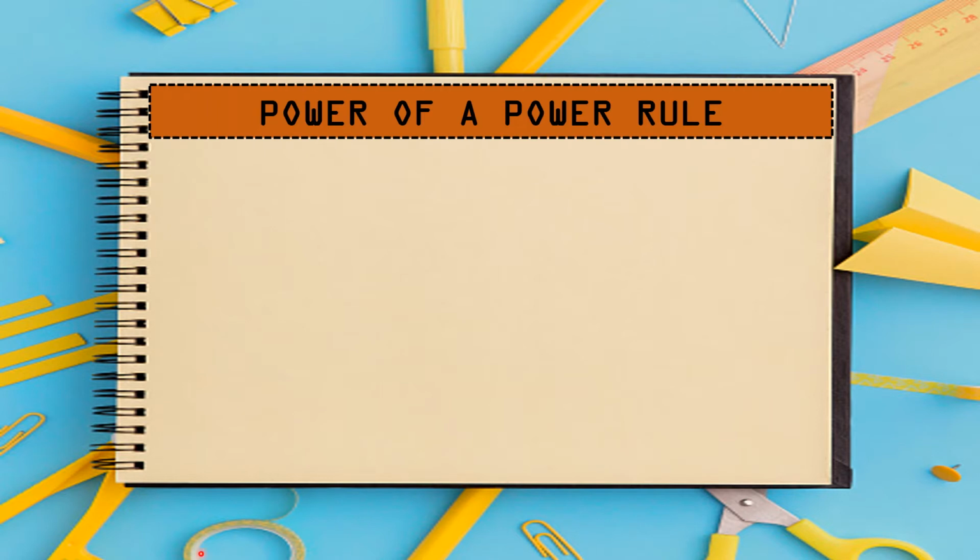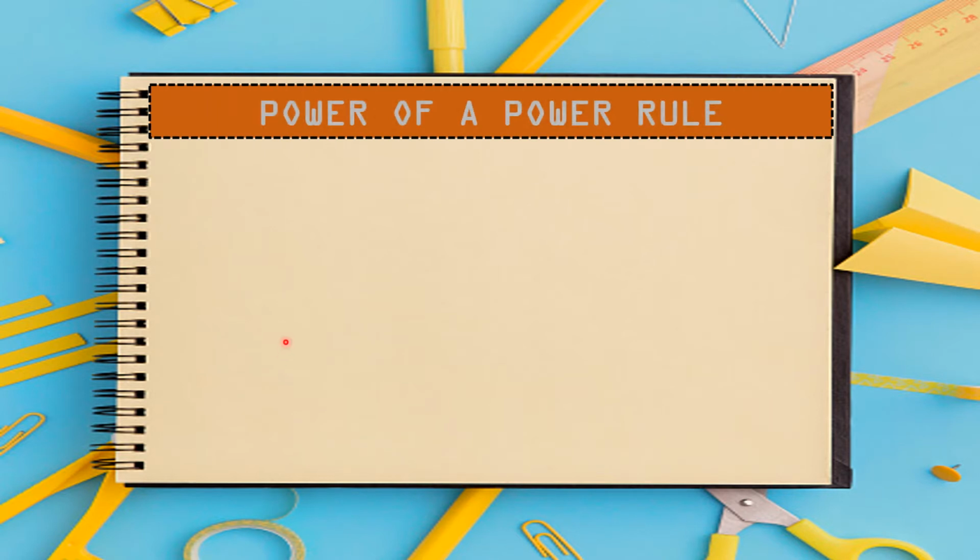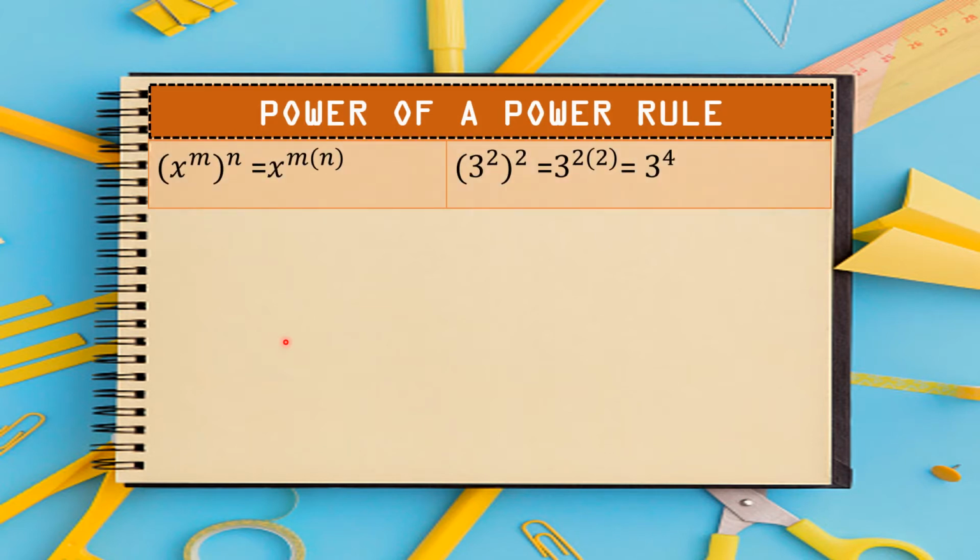Let us have the power of a power rule. It says that when x raised to m is raised to n, it is equivalent to x raised to m multiplied by n.